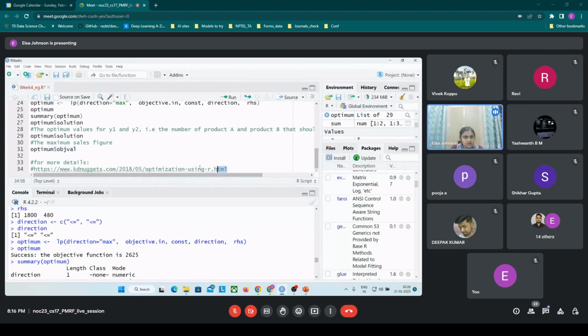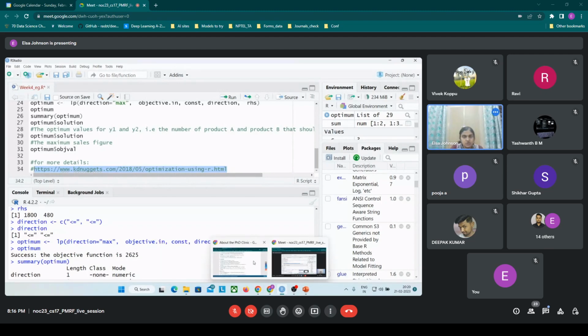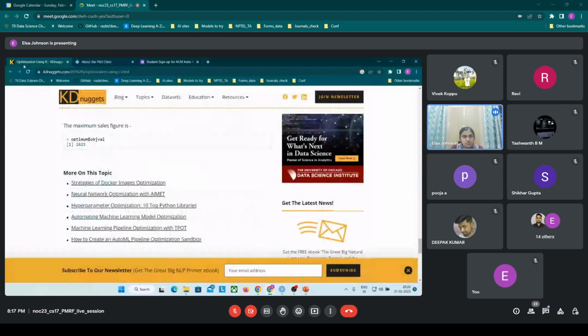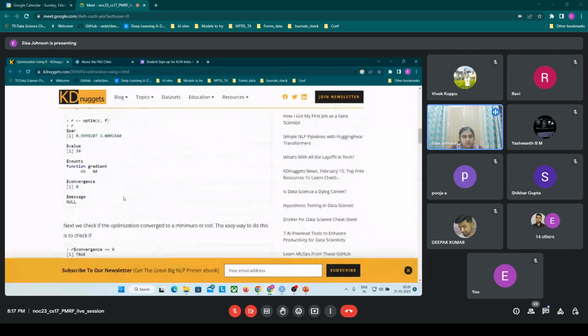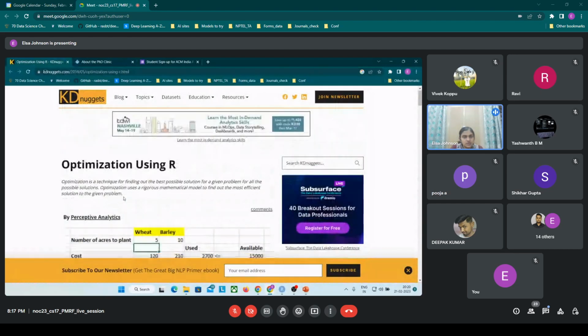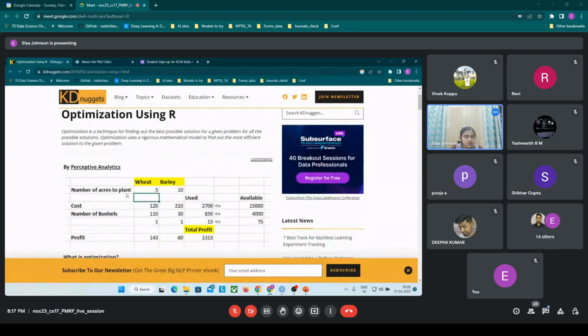You can visit this site, as last time also I gave you a site where you can see how to implement this. You can read through this site, Optimization using R. This one will have most of the things.